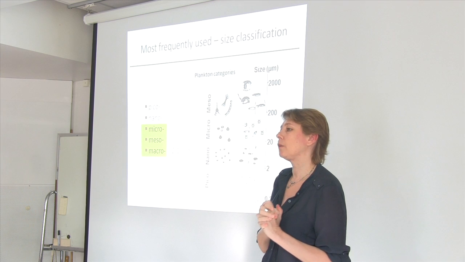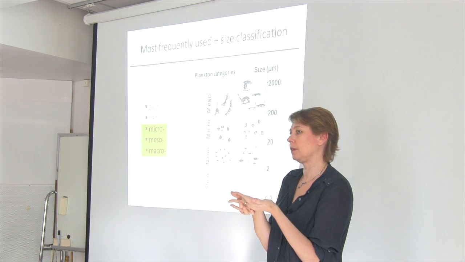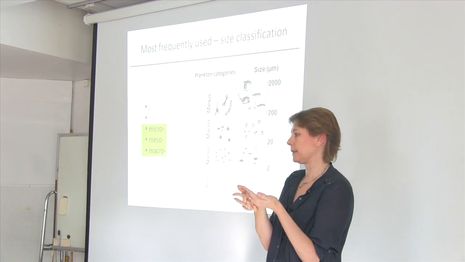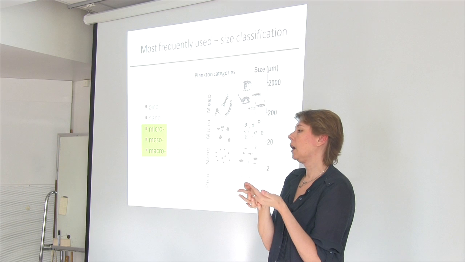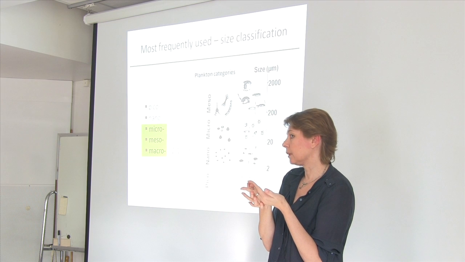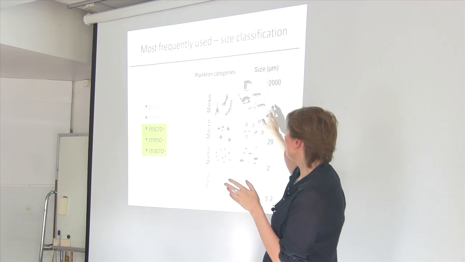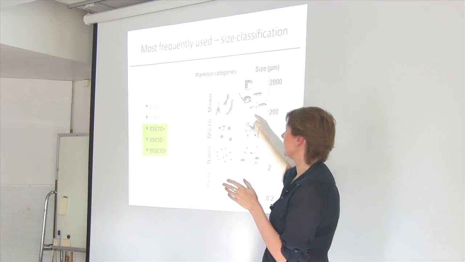But this way of sampling is not equally efficient for all this size range. If the net is designed not to let through a specimen which is more than 200 micrometers, then the highest efficiency, considering that they are non-movable, would be for this category.